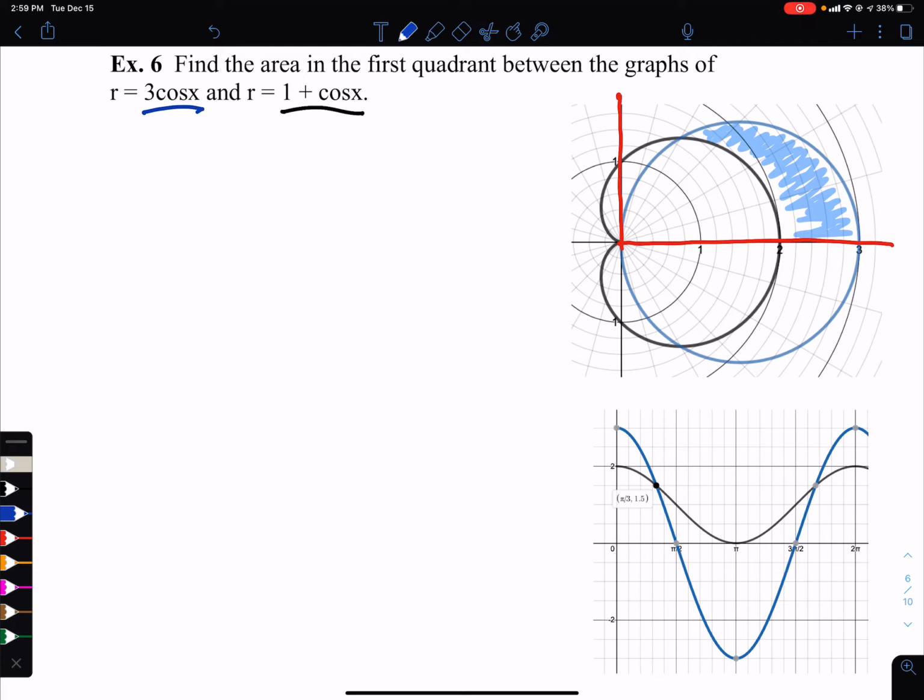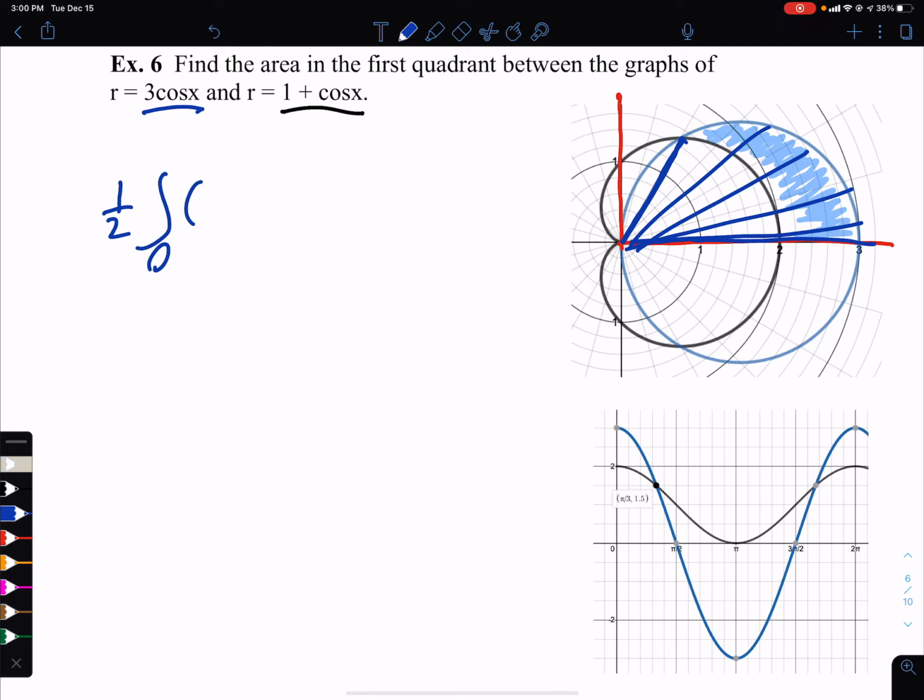Well, I'm going to sweep out that area from here to here. So I'm going to find this whole area, this whole thing, which is going to be 1/2, the integral from 0. I don't know where I'm going to end, but it's going to be 3 cos x squared d theta. So that's the area of that piece.